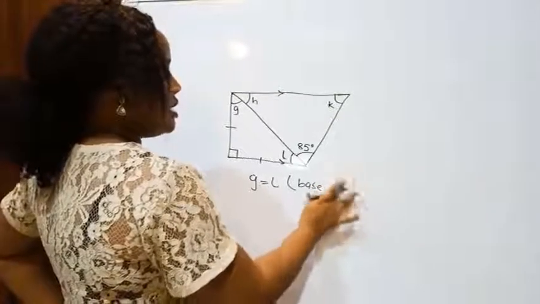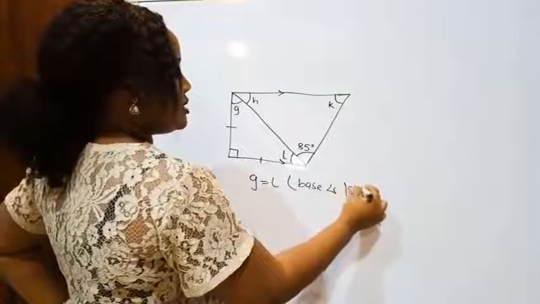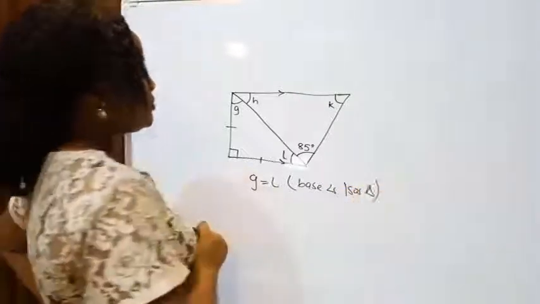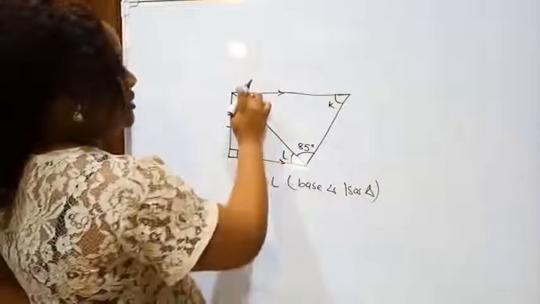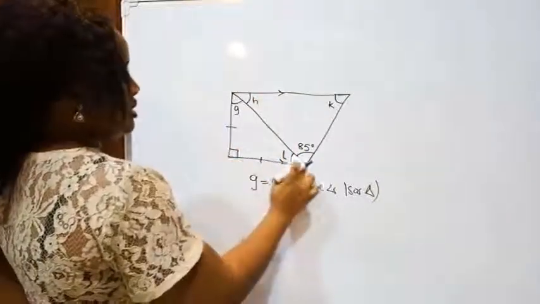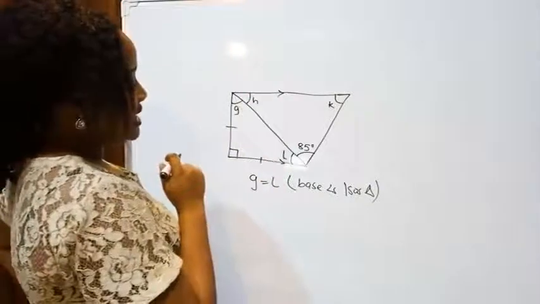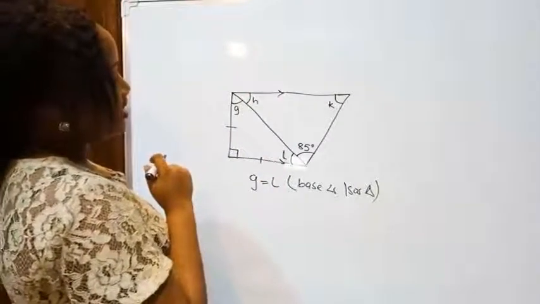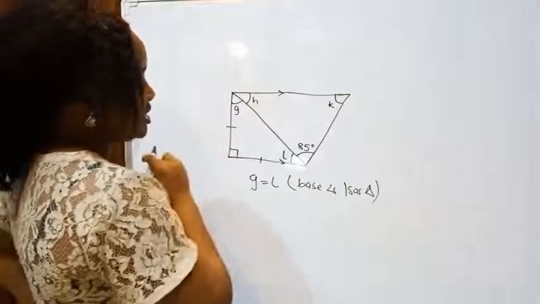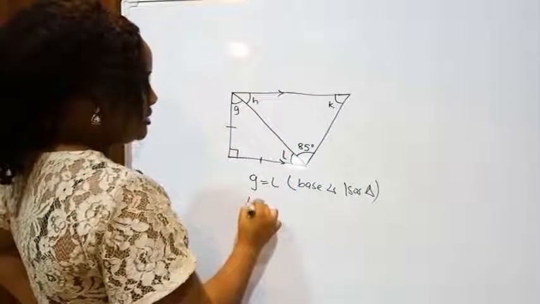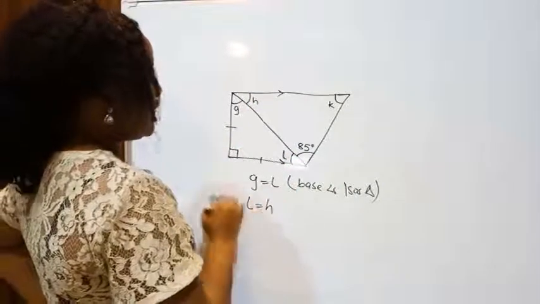Now this line is parallel to this line. So it means that we'll have some alternate angles somewhere. We have our L to be equal to H.